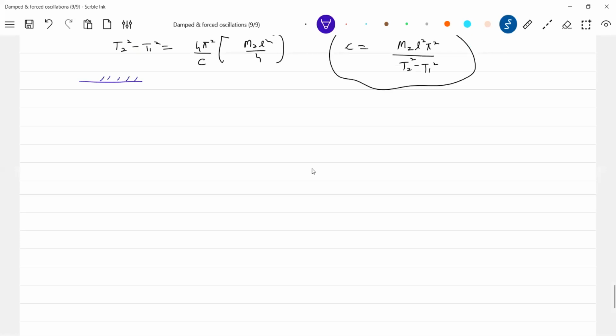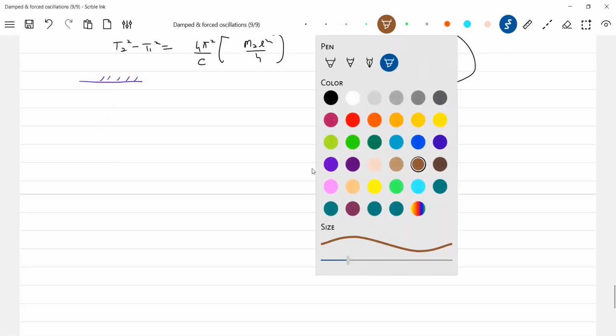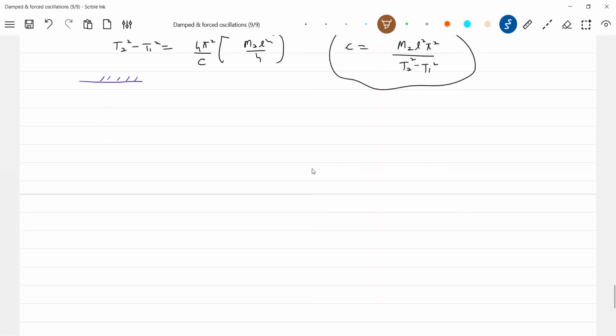What do you mean by torsional oscillations? With the help of a rod, I'll show it. So it is like this. Now the rod is like this. It can come to this position.